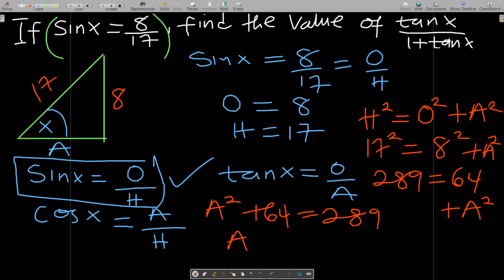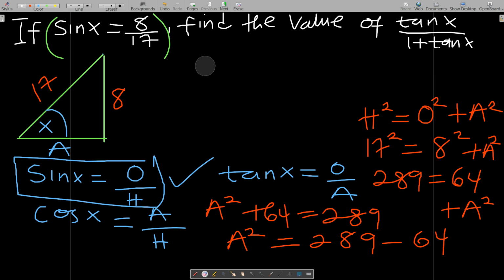It means a squared will be equal to 289 minus 64. And what would this give us? Let me erase some parts. A squared is equal to 289 minus 64. So you get what?